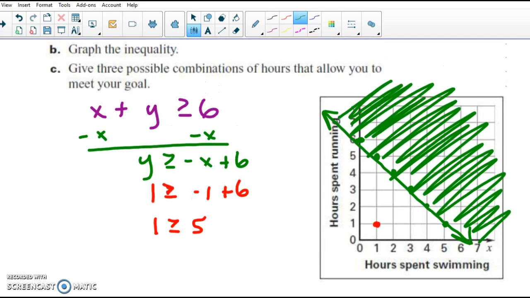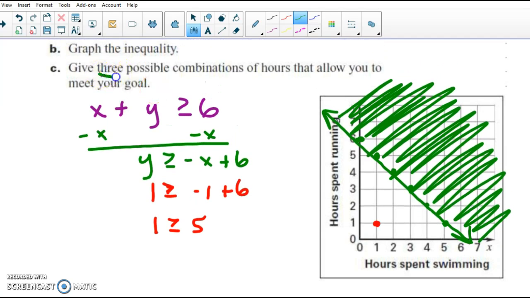So if I need to list then 3 possible combinations of hours that will allow me to meet my goal, I could include a point on my line because my line is solid, which means it's included in my solution set. So let's choose one of those. So I could spend 3 hours swimming and 3 hours running and meet my goal.